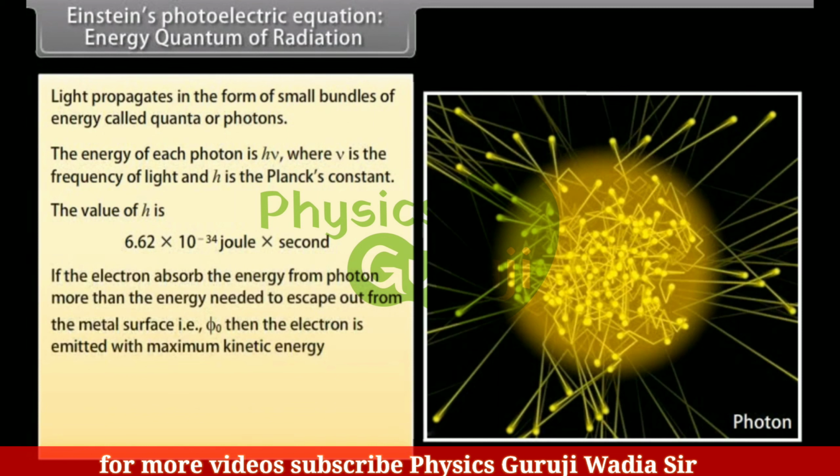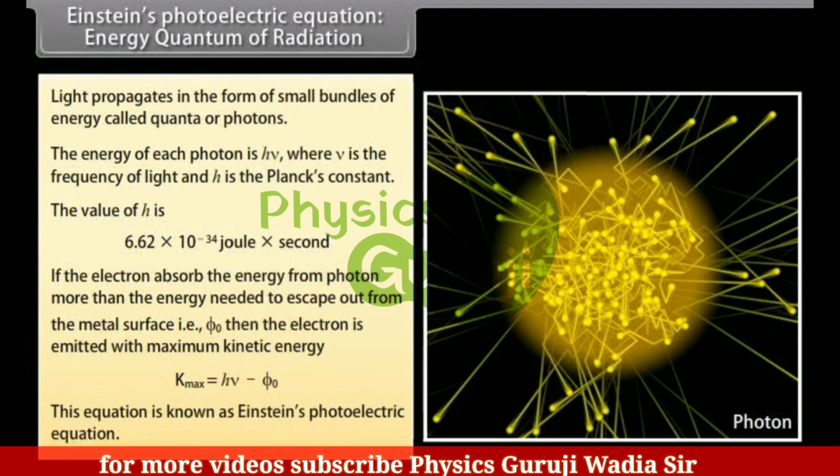If the electron absorbs energy from a photon more than the energy needed to escape from the metal surface, that is φ0, then the electron is emitted with maximum kinetic energy Kmax, which is equal to hν minus φ0. This equation is known as Einstein's photoelectric equation. Important points.